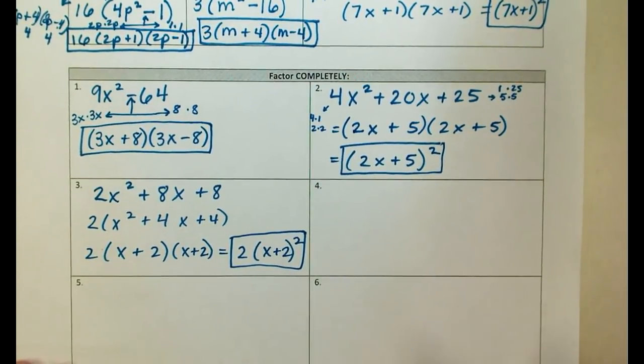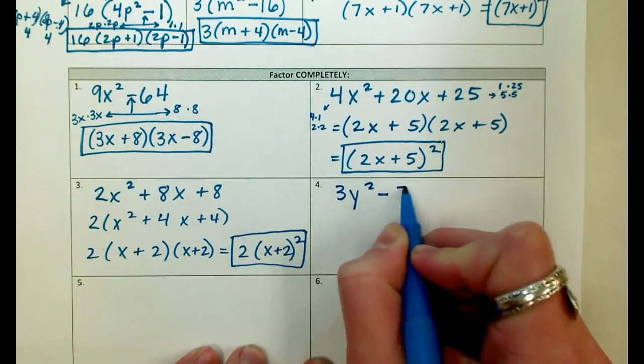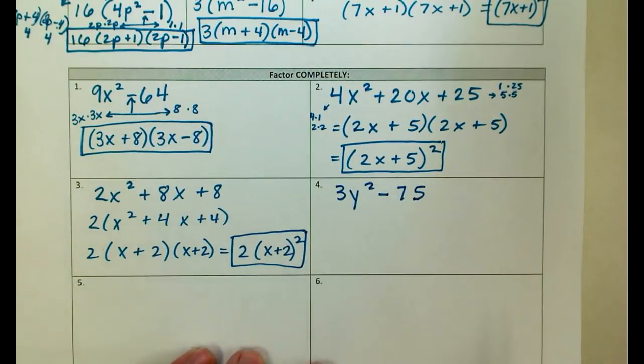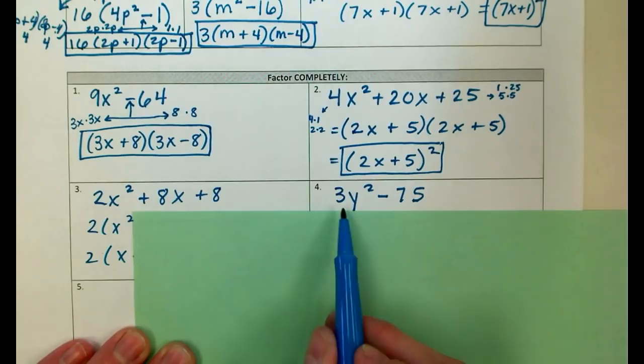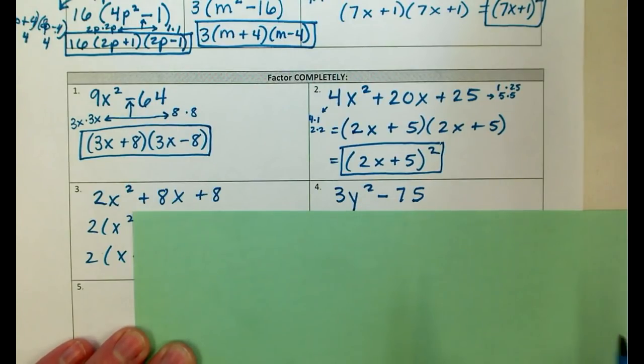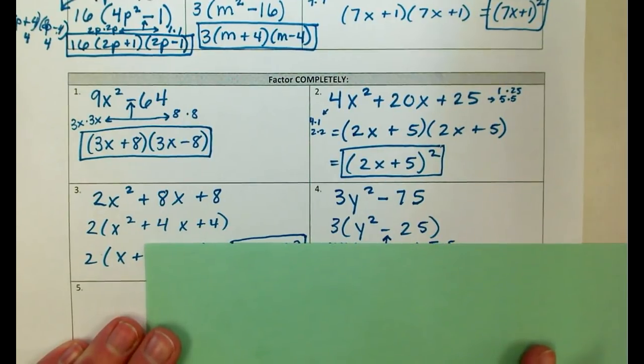Okay, number 4, 3y squared minus 75. Once again, don't forget to check for GCF. Pause the video and try it out. Okay, looking at these terms, they have a 3 in common. So I factored a 3 out of my binomial to end up with 3 times y squared minus 25.